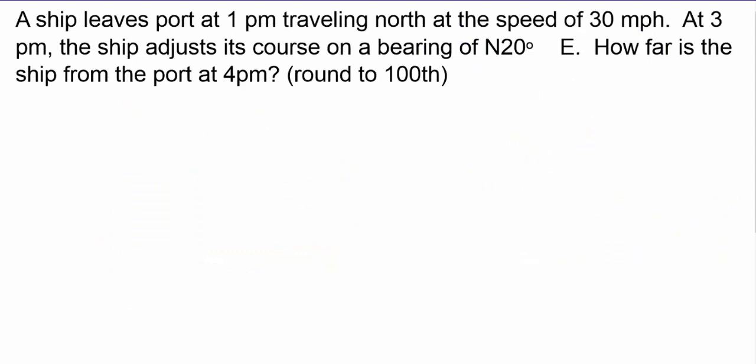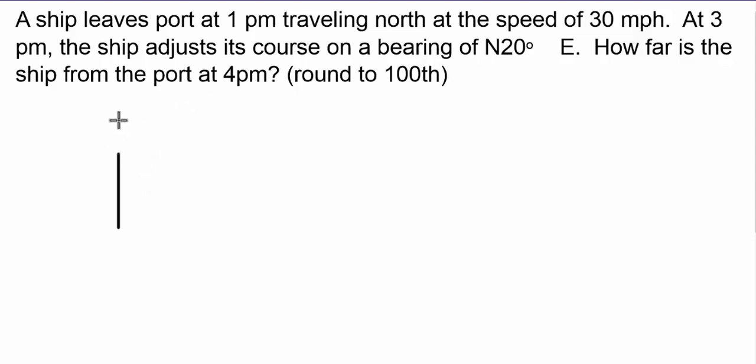So a little bit of word problems now. We've got a ship leaving port at 1 o'clock traveling north at a certain speed. So let's just take and draw a picture here. We're going to go north at a certain speed. All right, and then at 3 o'clock they adjust the course on a bearing of north 20 degrees east.